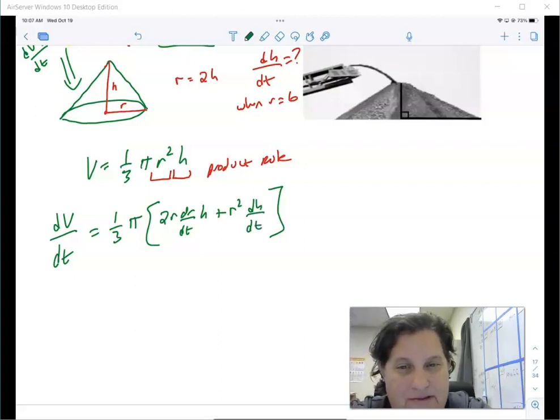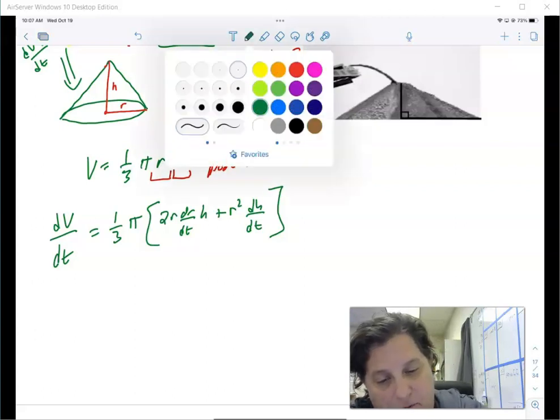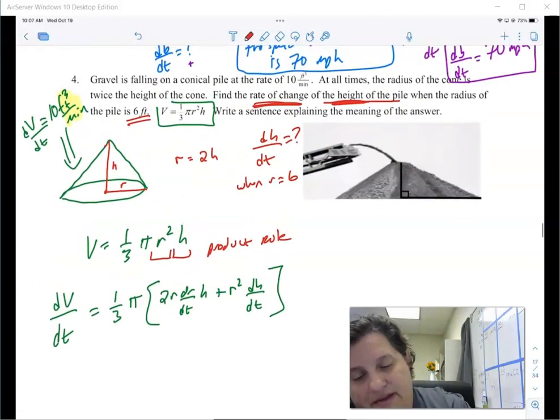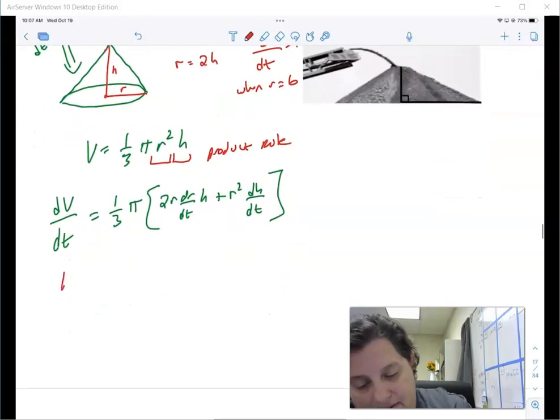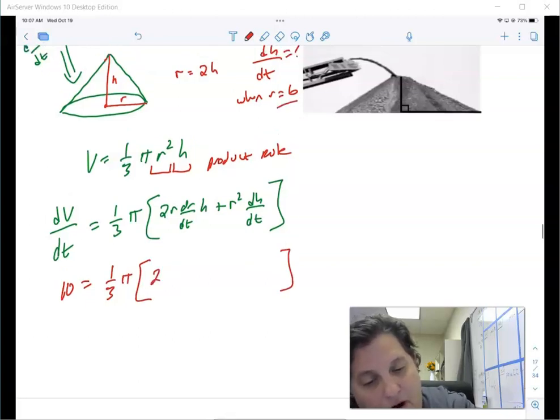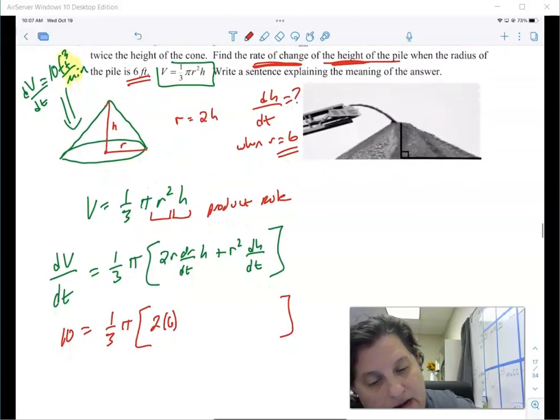Okay? Now this is a little bit crazy, this equation, but let's go ahead and see what we can plug in. All right, it told me that dV/dt was 10. It told me right here r is 6. It did not tell me dr/dt. I need to find that.